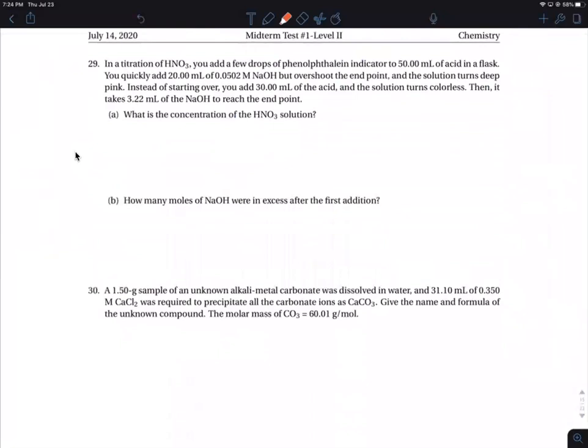Okay, so for number 29. All right, so what's the concentration of the HNO3 solution? Let's write out the chemical equation.